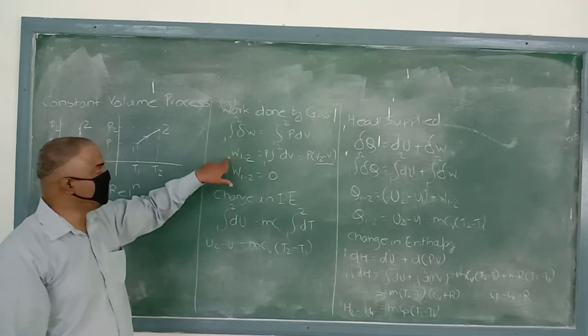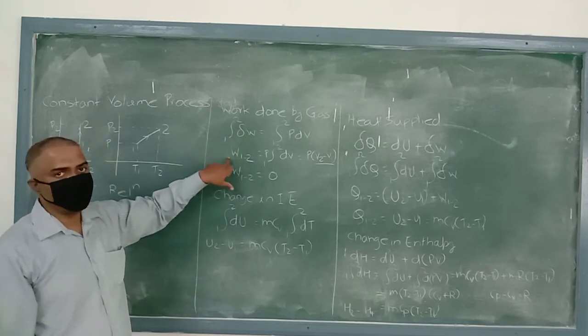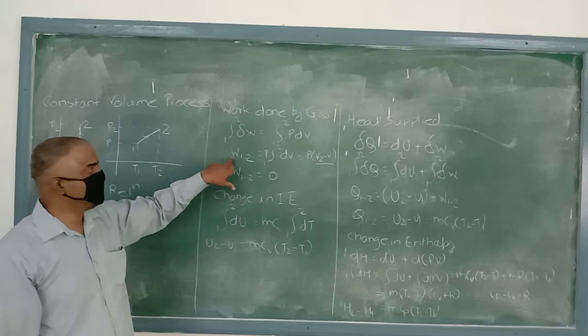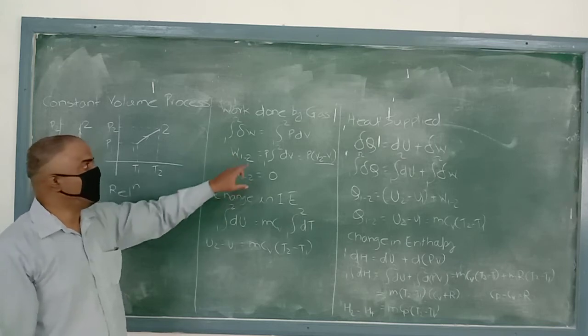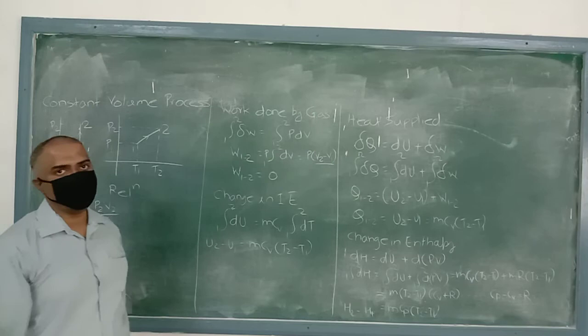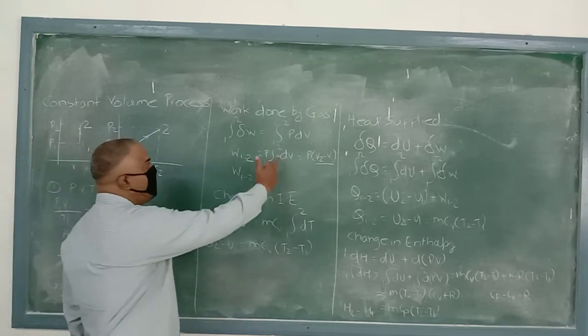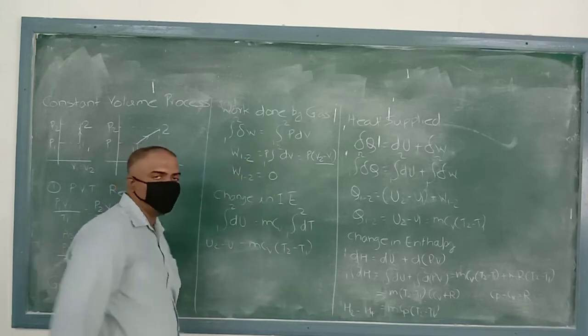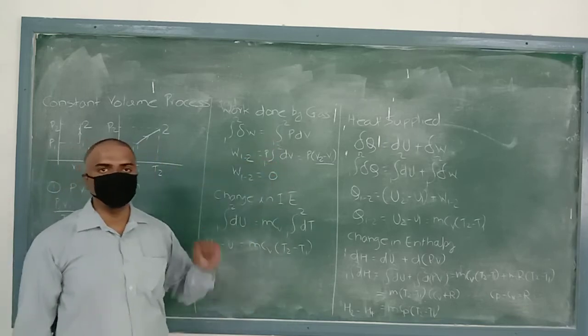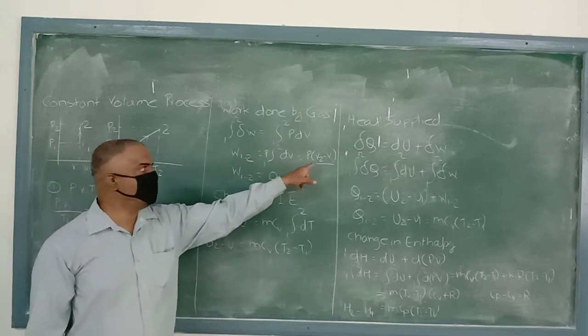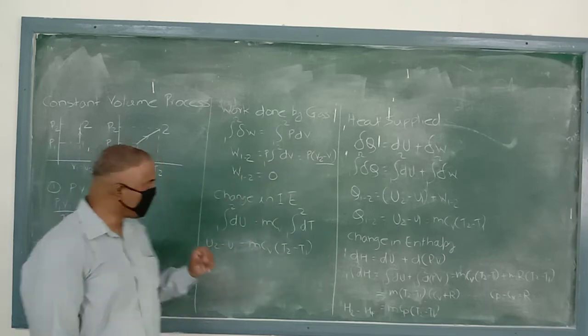After taking the integration, delta W becomes W1-2, and here pressure we are treating as a constant, so the integration from 1 to 2 of delta W is equal to P into (V2 minus V1).